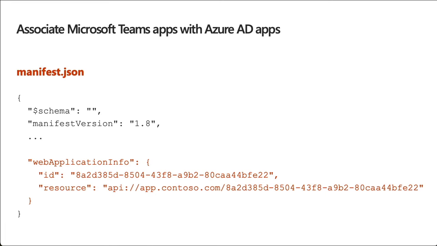I've cut out a lot of the content, but usually towards the bottom of the manifest you have this web application info, and that is pointing to an Azure AD app that is defined inside of Azure AD. This is the thing that the users are going to have to end up consenting to. That ID property should be set to the Azure AD app's client ID, while the resource should be set to the Azure AD app's URI. You'll see that when we created an app inside of Azure AD.